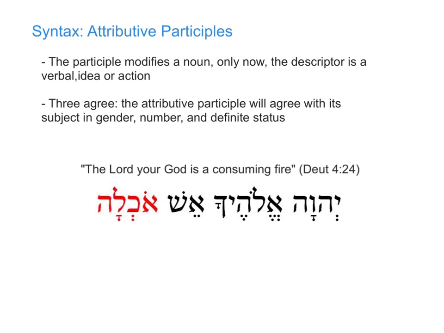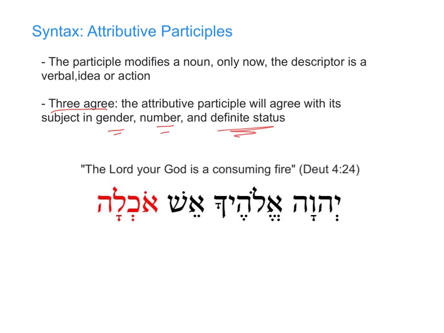The big thing we flagged there earlier on was that 3-agree rule, that our adjectives and our nouns, in the same way as our participles and the nouns, will agree in gender, in number, and in definite status. This is the big one. If that's the main thing to know about how they're functioning and how to recognize and remember that 3-agree rule, why don't we just look at this example to illustrate this?